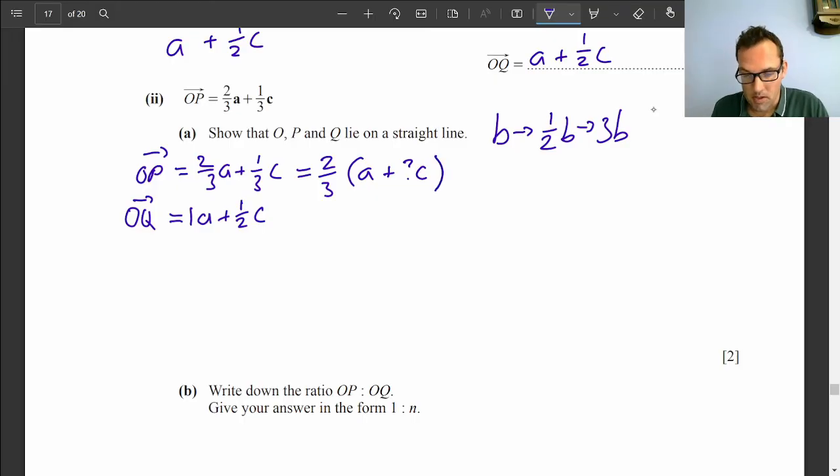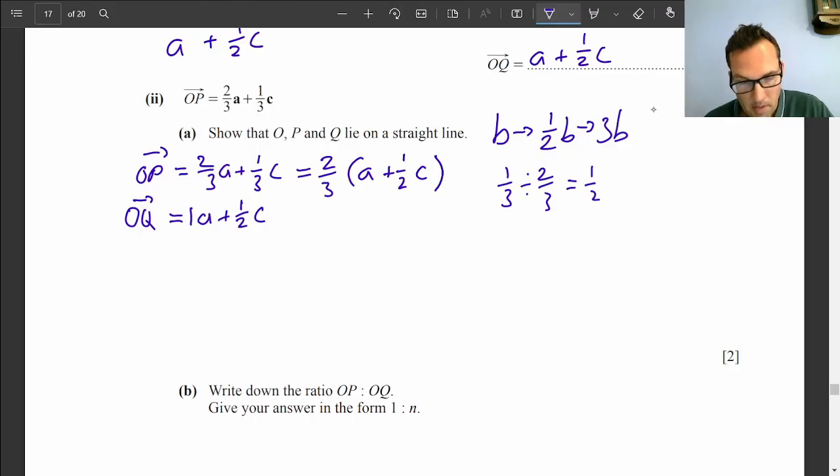Let's just do the opposite. Let's do a third divided by 2/3. Okay. What does that give us? A half. Okay, so that means that's a half. Double check, yeah? 2/3 times a half is 1/3.